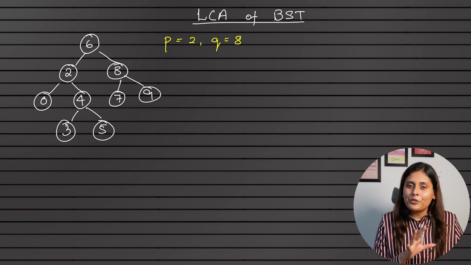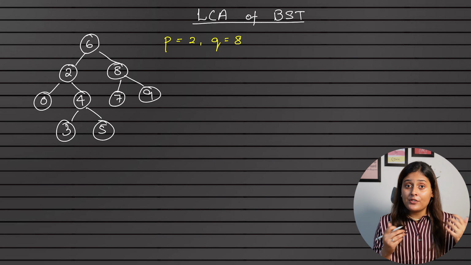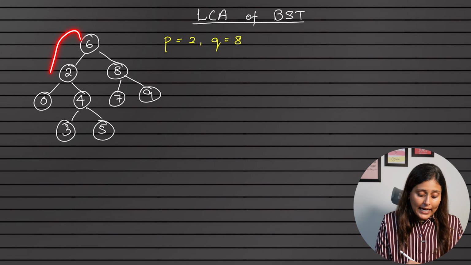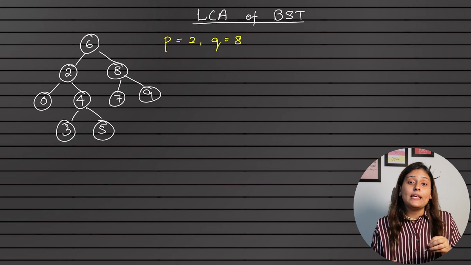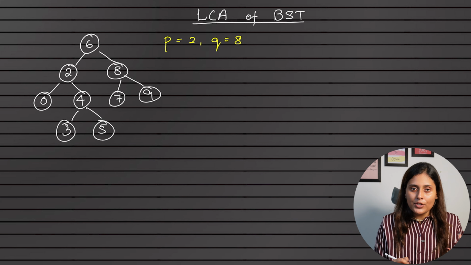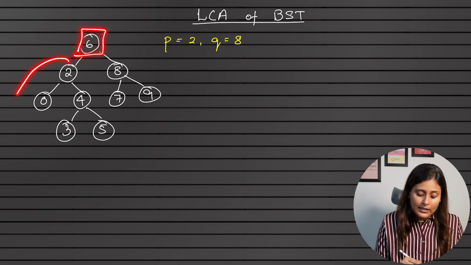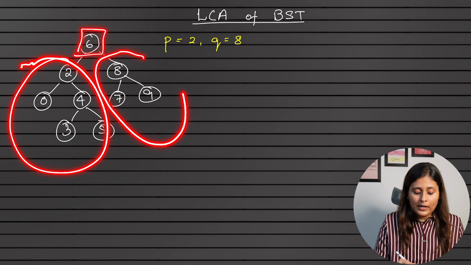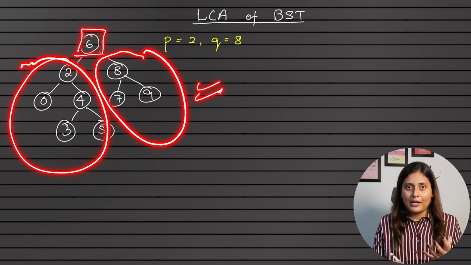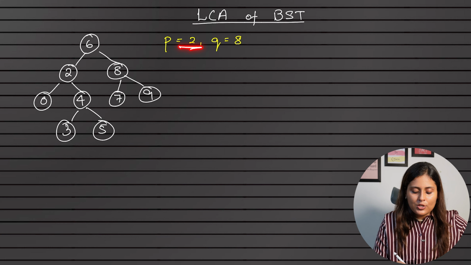In the previous problem, lowest common ancestor in binary tree, we were not aware which side to move, left or right. But as this is a binary search tree, we know that the root is greater than all left subtree values, and smaller than all right subtree values. Correct? So it is 2 and 8, right?